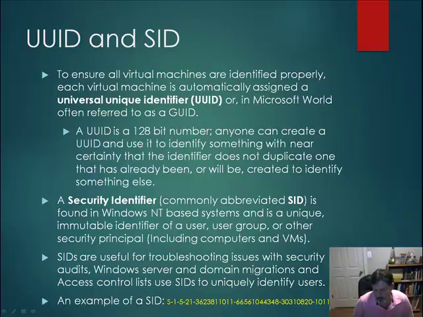I think they say that there's virtually 100% guarantee that no UUID will be duplicated up until the year 3400. So if we're around in the year 3400, kind of like Y2K, maybe we'll have to find something to subvert UUIDs. But we're good for a while on those. VMware particularly uses UUIDs to identify virtual machines.